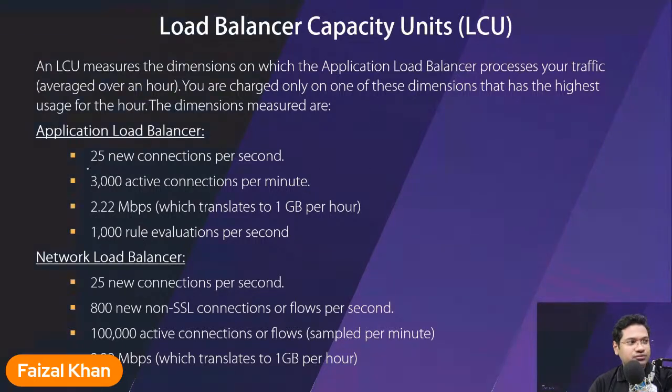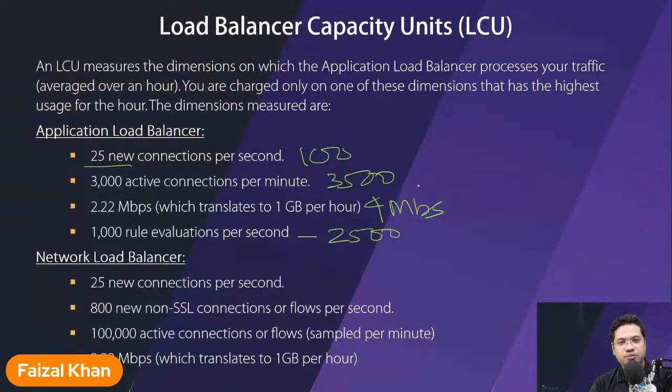For example, let's say your application load balancer is running, and you are having about 100 new connections per second, and you have 3,500 active connections per minute. And let's say you are doing transfer at 4 Mbps, and then let's say you are doing 2,500 rule evaluations per second, right? So if you look at this, if you divide that by 25, this is 4 LCUs, right?